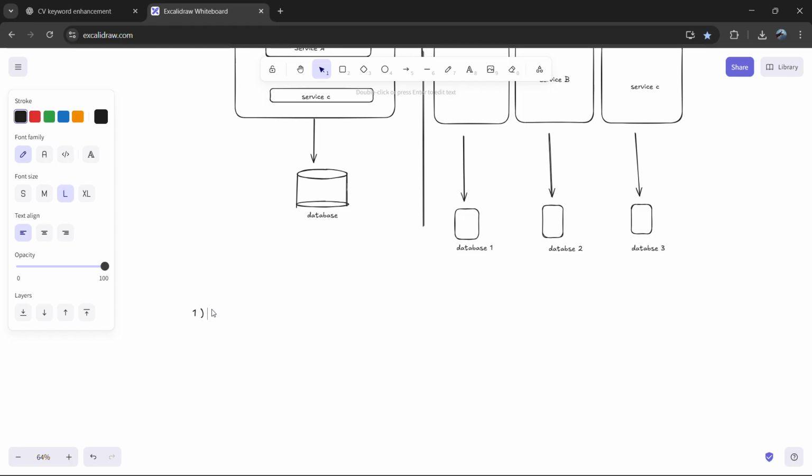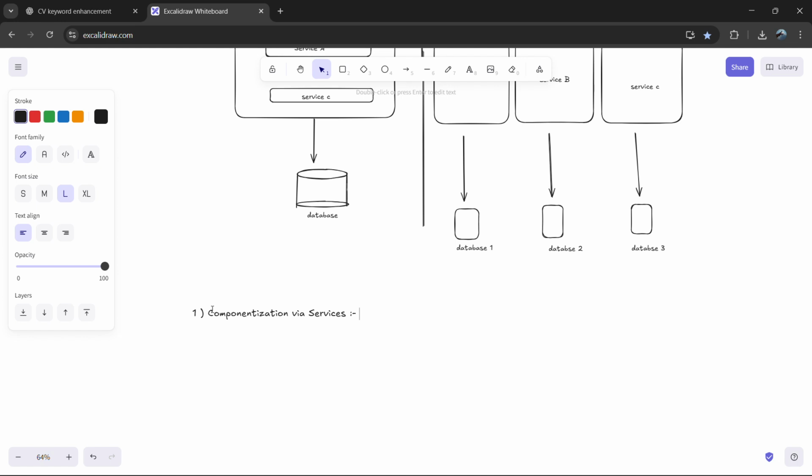So what are these concepts? The first one is componentization via services. So what is this?